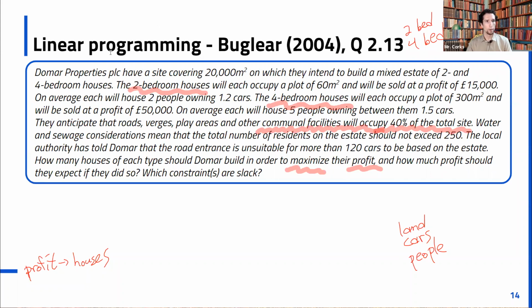All right, our variables first. What makes sense as variables here? How about T and F? T and F, okay. And what will they represent? T is for the number of 2-bedroom houses built.